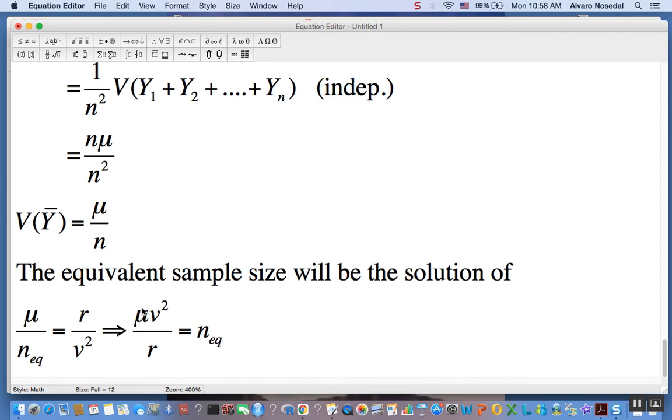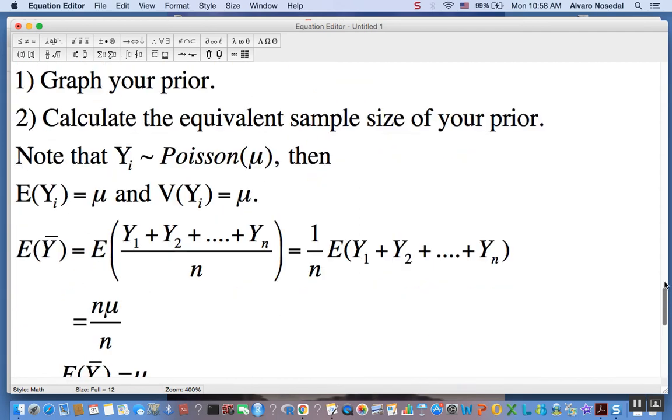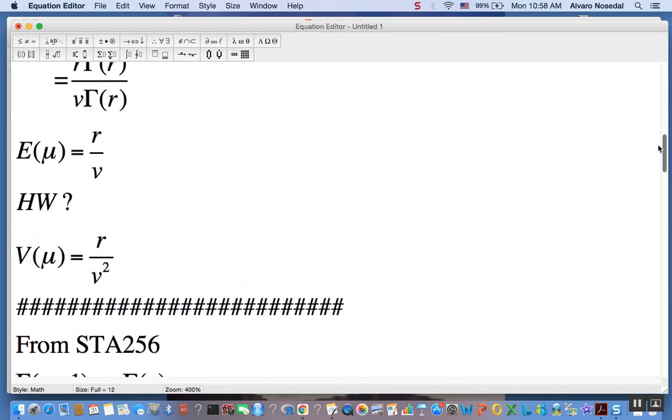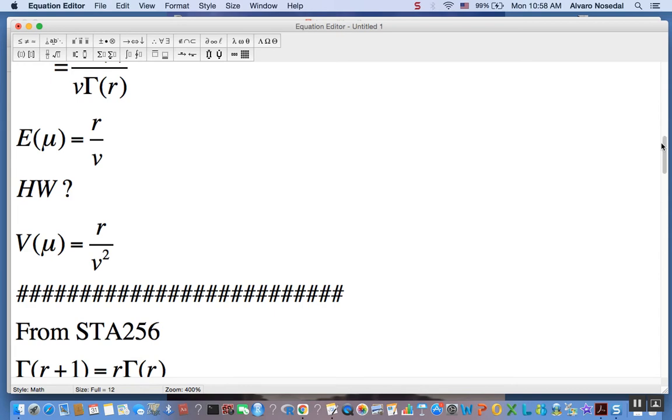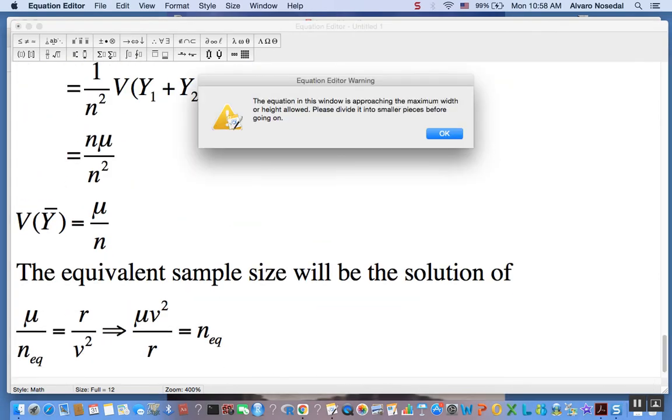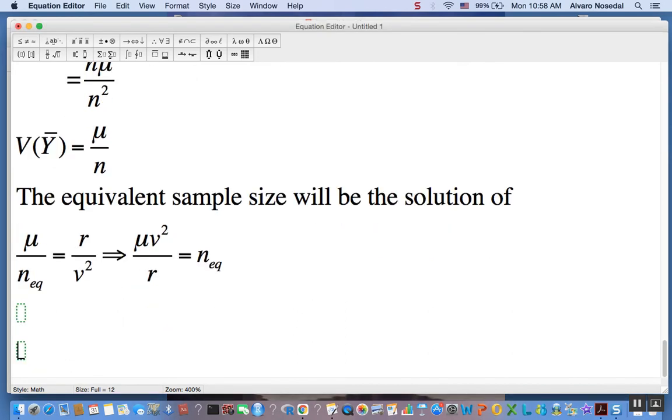And if we set mu equal to r divided by v, which would be the prior mean, right? Okay, no problem.